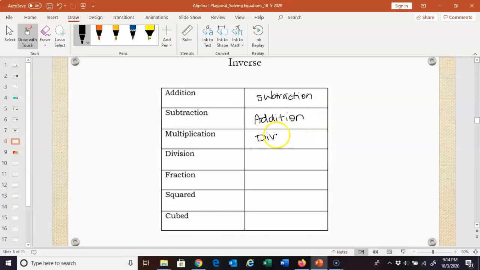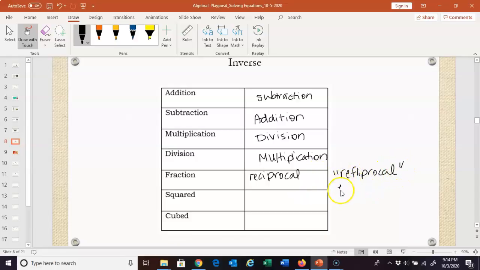Multiplication, the inverse is division. And similarly, the inverse of division is multiplication. The inverse of a fraction is multiplying by the reciprocal. I had a student last year who remembered this by saying refliprical.